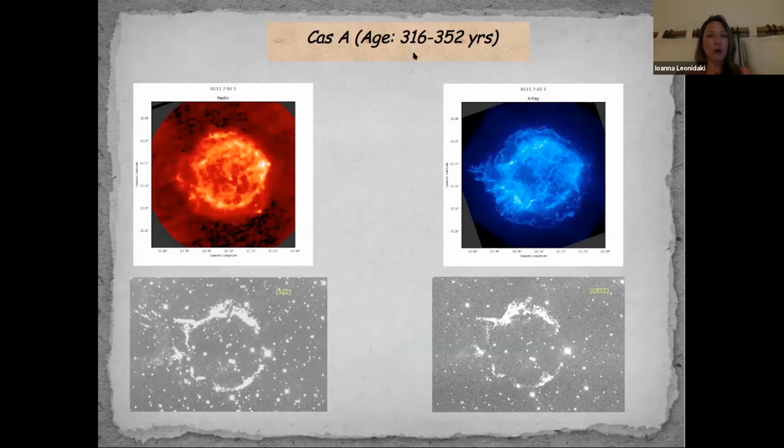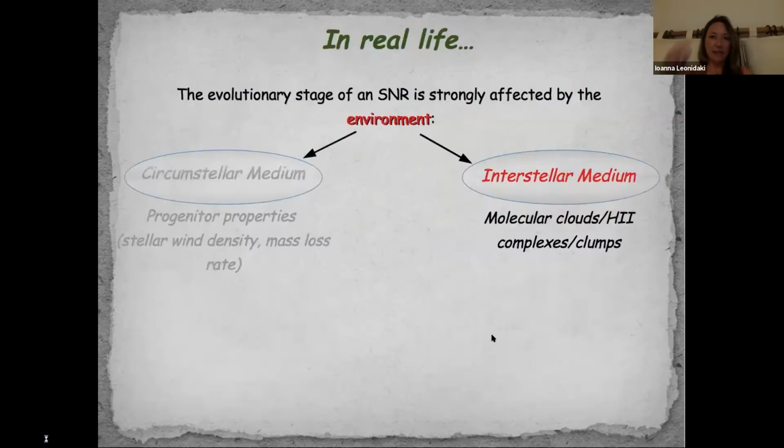With an age of more than 300 years, someone could tell that based on the evolutionary model and the multi-wavelength emission, we expect to see very strong radio emission and X-ray emission, but someone wouldn't expect to see optical emission. And on the contrary, you see bright emission of forbidden lines.